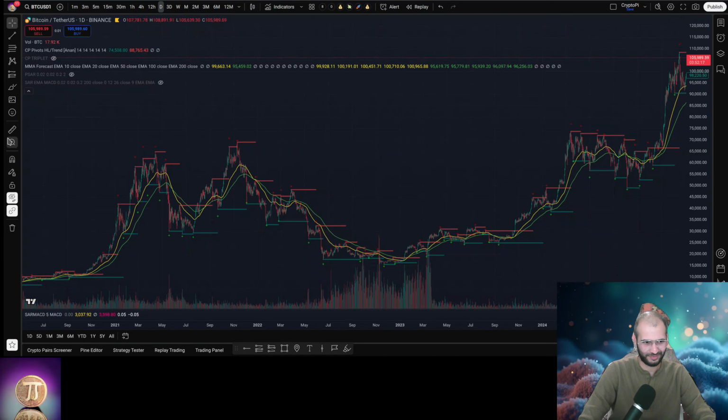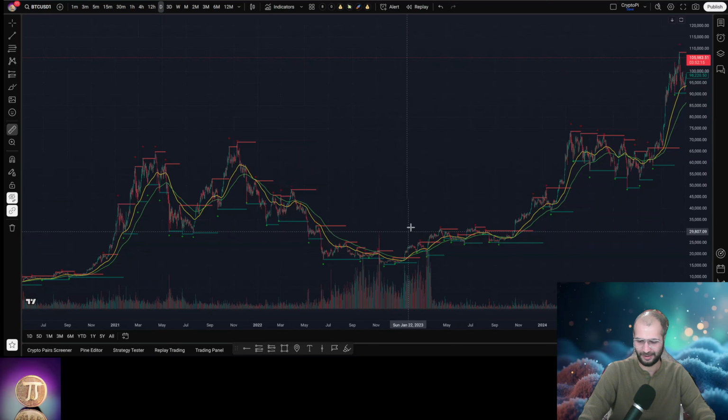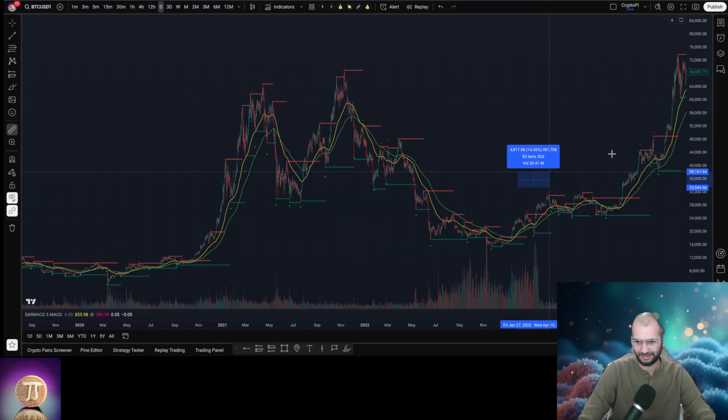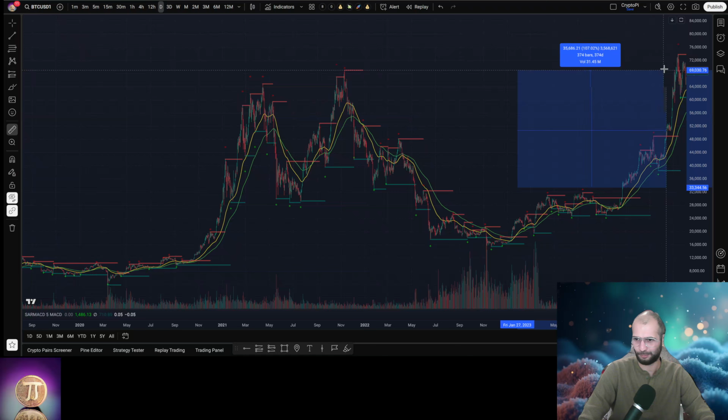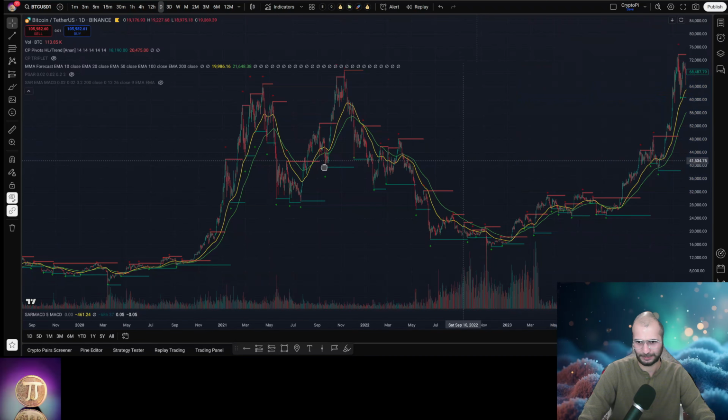And on the other side, likewise, the fast moving average is above the slow moving average, which indicates an uptrend.